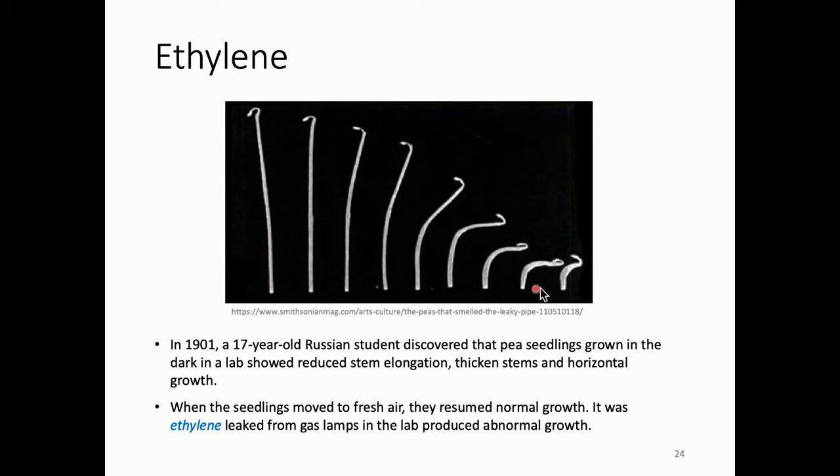They had thickened stems and grew horizontally compared to the plants that grew outside of the lab. This is because ethylene from the gas lamp had leaked and produced abnormal growth of the seedlings.